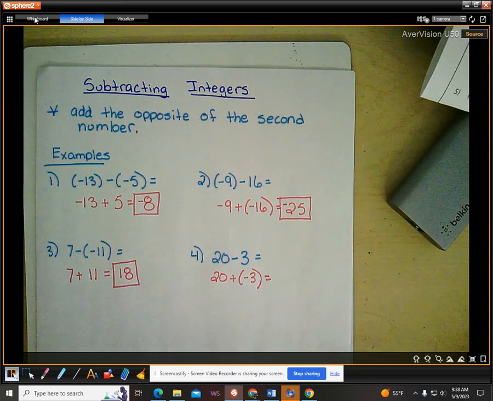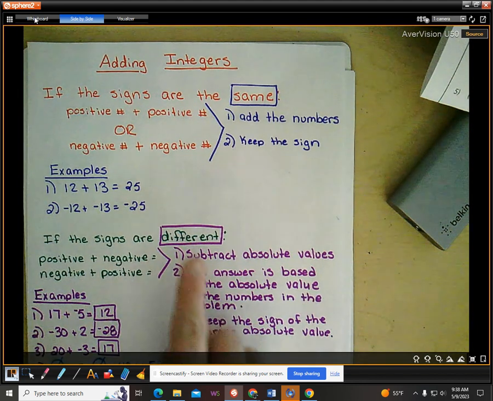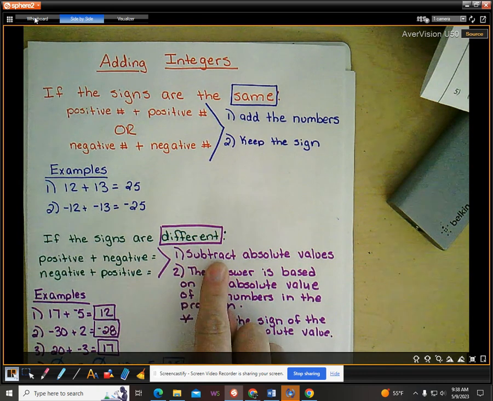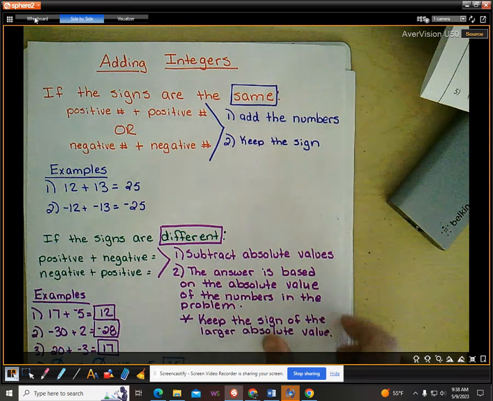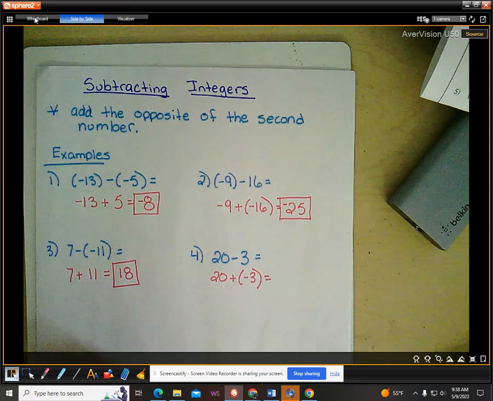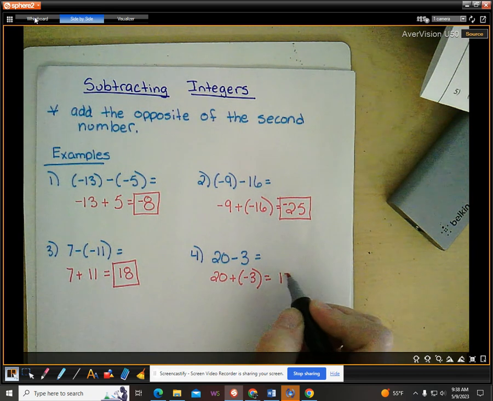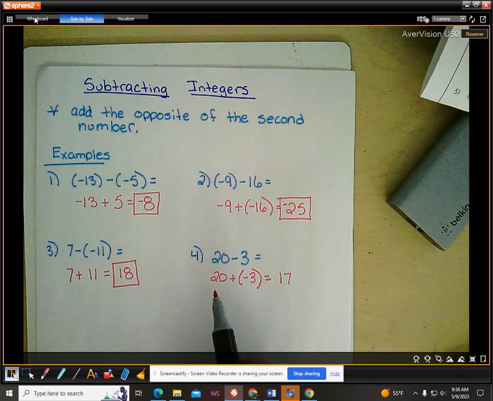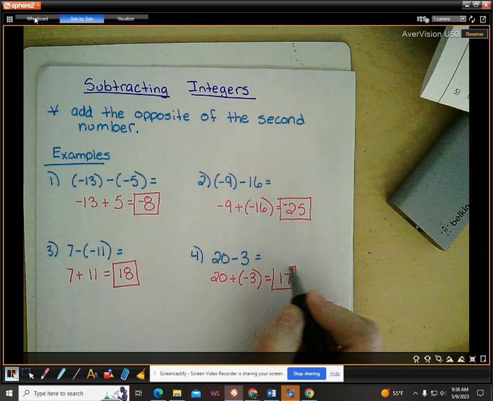Signs are different. So if we look back at our notes from Monday, signs are different. We're going to subtract the absolute values and keep the sign of the larger absolute value. So if we take 20 minus 3, we get 17. 20 was bigger, it was positive, so our answer is positive.